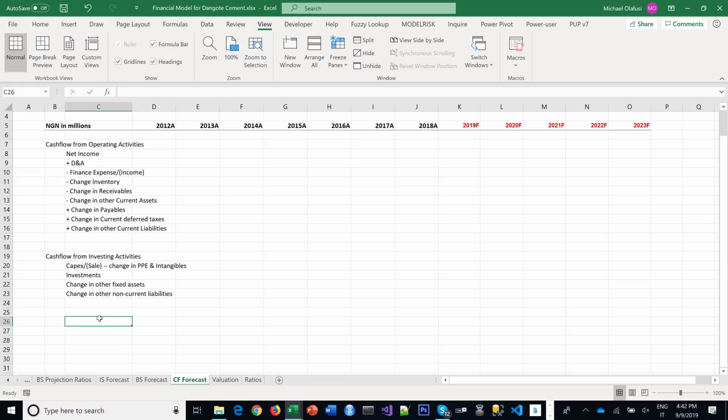Okay, so that will give us the cash flow from investing, then cash flow from financing activities. So we talk about the finance expense or interest expense.